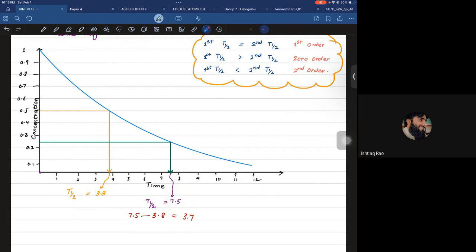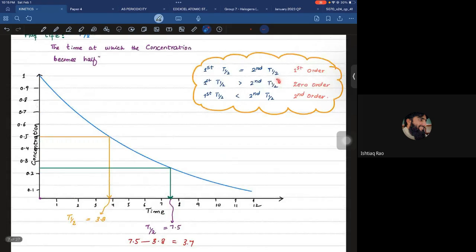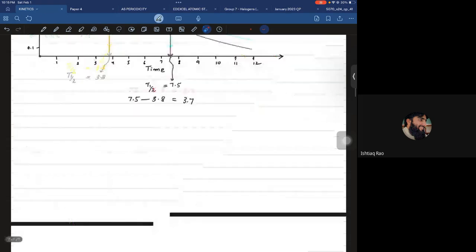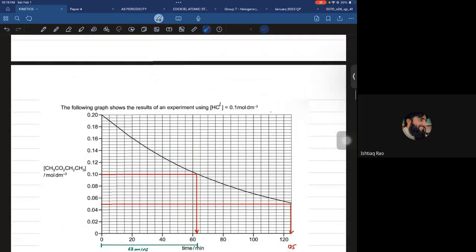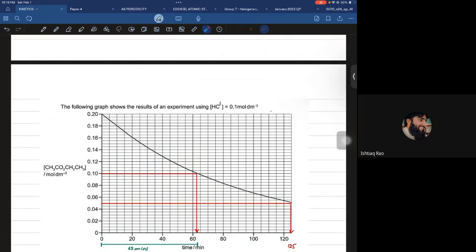Now you can see that the second half-life is greater than the first. When the second half-life is greater than the first, that reaction is second order. So in this way you can calculate the order of reaction.